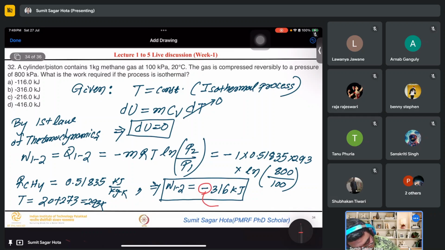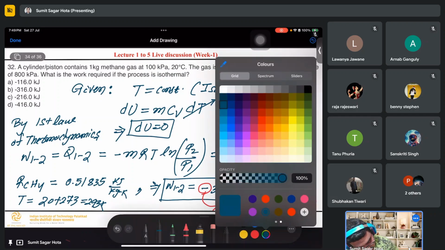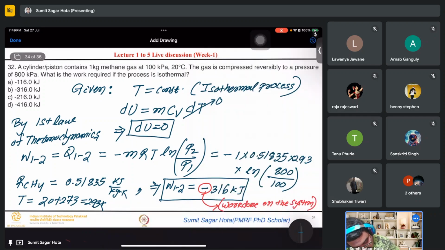This means work done on the system. So the option here is B.